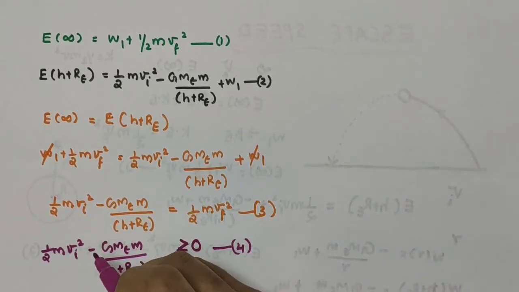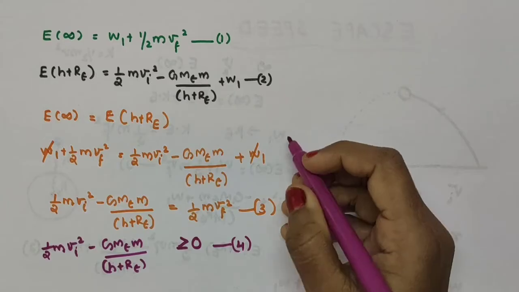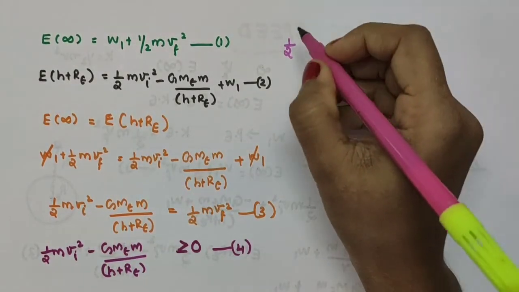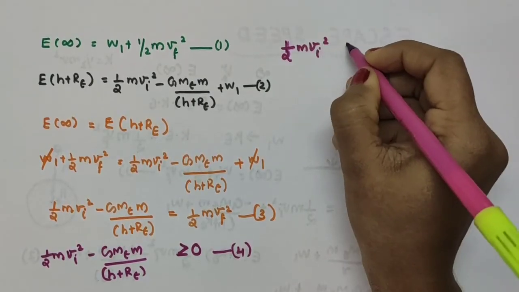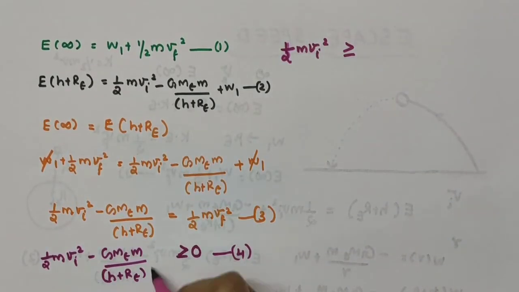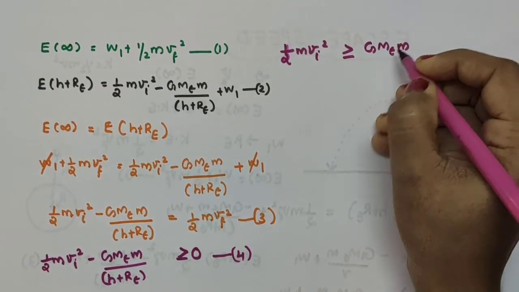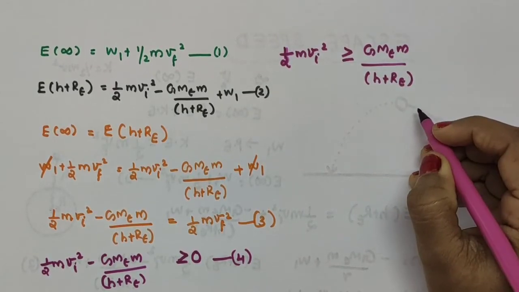Now, if I take this minus GMEm by H plus RE to this side, that becomes plus. So we can write half mvi square is greater than or equal to plus GMEm divided by H plus RE.